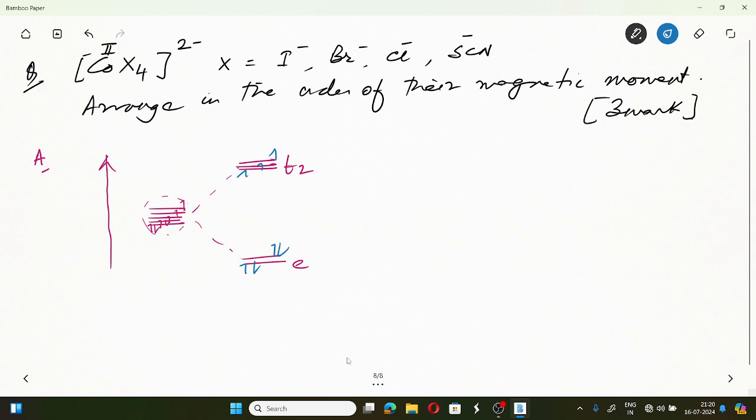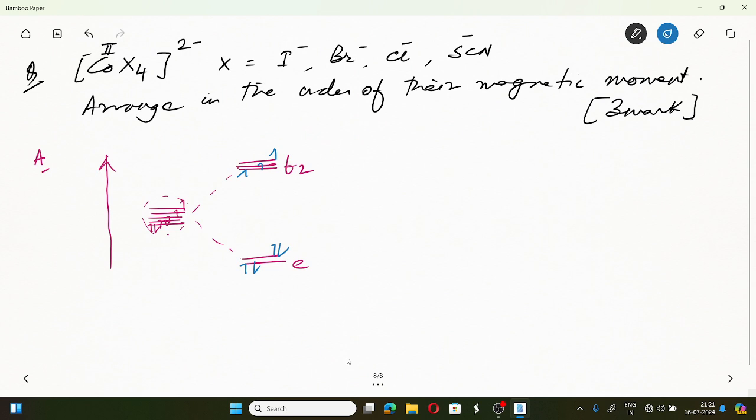So you can well understand the magnetic moment should correspond to the spin only value, but as we have discussed previously, there will be some contribution due to spin orbit coupling. তাই তো একটু আগে আমরা বললাম tetrahedral complexes, cobalt 2 complexes, তাদের magnetic moment, they are slightly higher than the spin only value because of spin orbit coupling.